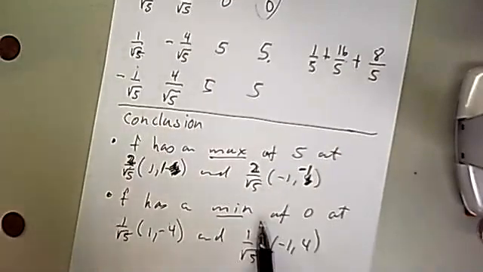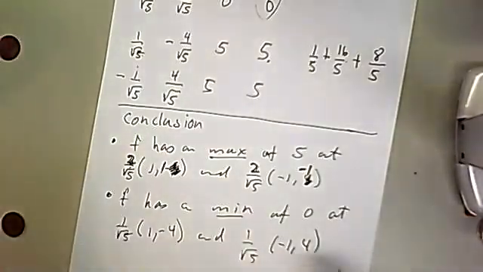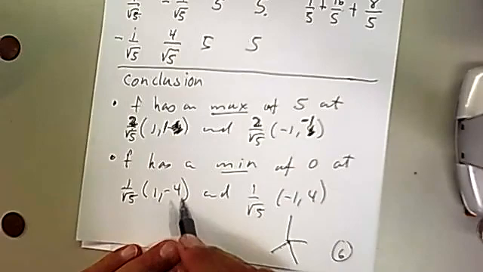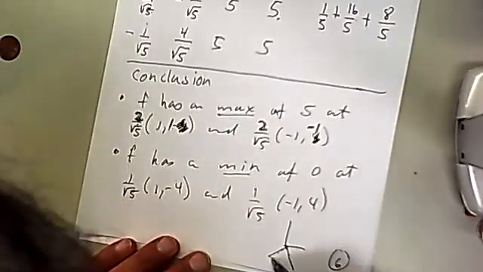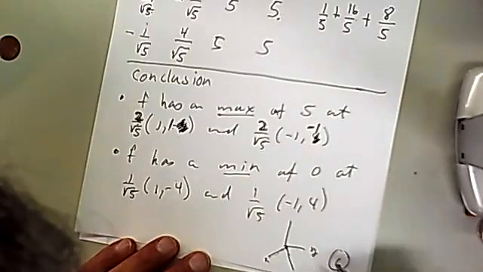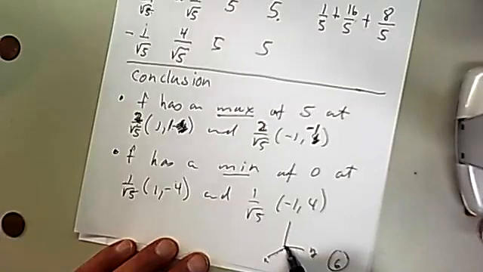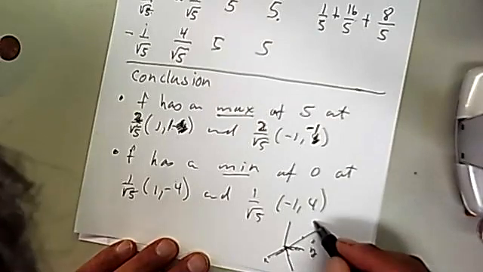I should have known that when I was showing you the picture, because we have 0 in the main diagonal, so it doesn't make sense to go off the main diagonal. The main diagonal is 1 1 or negative 1 negative 1 on the x and y plane. So this is off, so you go 1 negative 4. If we continue here, 1 negative 4, and that's where we end up with the maximum.